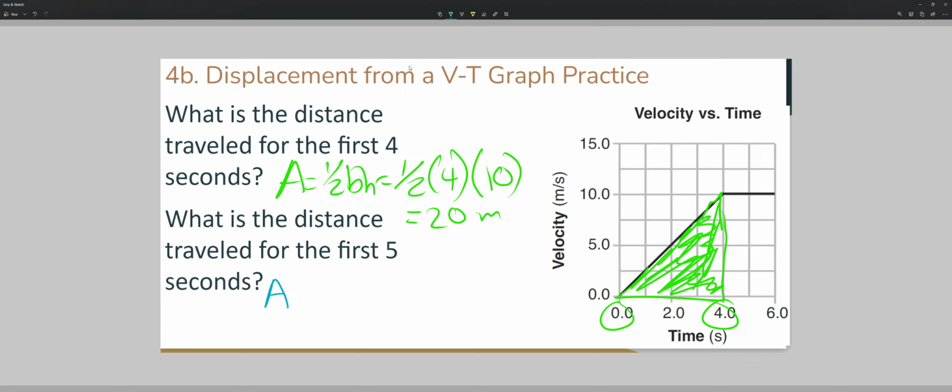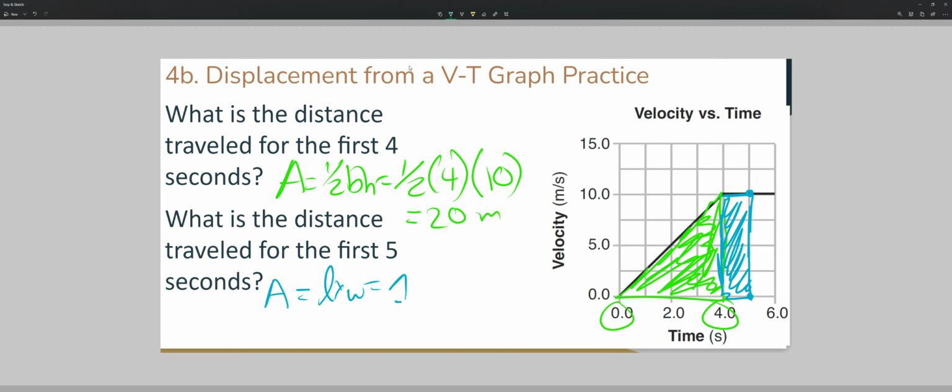What was the distance traveled for the first 5 seconds? For the first 5 seconds, you're going to add the area of this triangle to the area of this rectangle. So let's calculate the area of this rectangle. It's length times width.